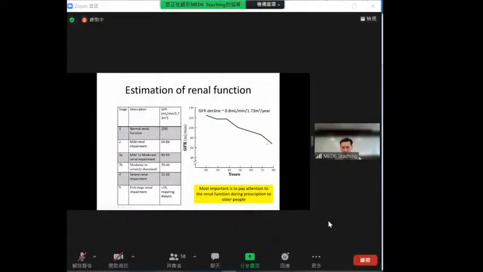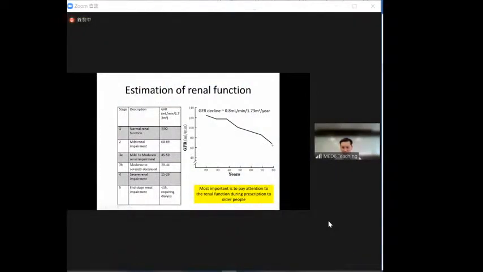So by the time the patient is 80 years old, you can see that the glomerular filtration rate is only about 60 milliliters per minute. And when the patient has a GFR of 60, it is almost to the extent of stage 3A CKD.